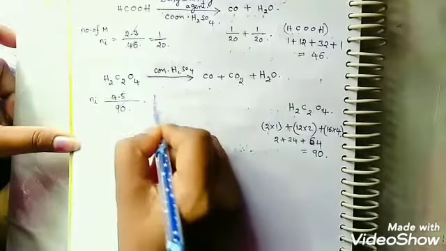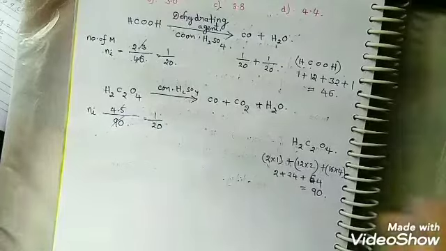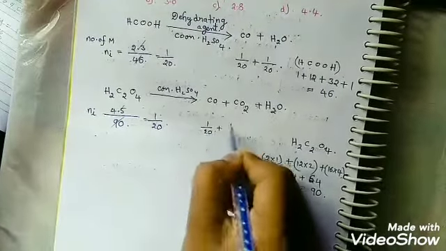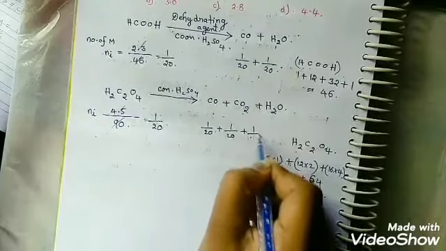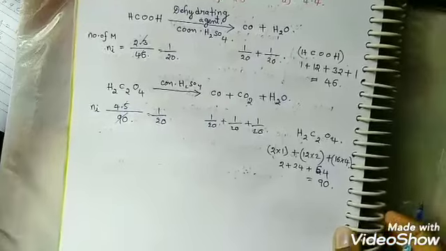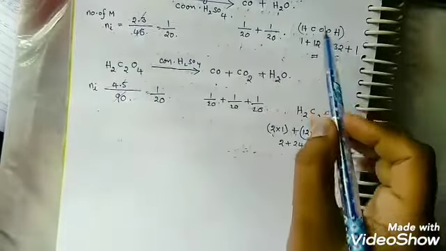If you cancel this, you again get 1 by 20. According to the law of conservation of mass, here also 1 by 20, 1 by 20 you can take on the product side also. Then students, here is one new thing you have to know: H2O is absorbed by sulfuric acid in the gaseous mixture.